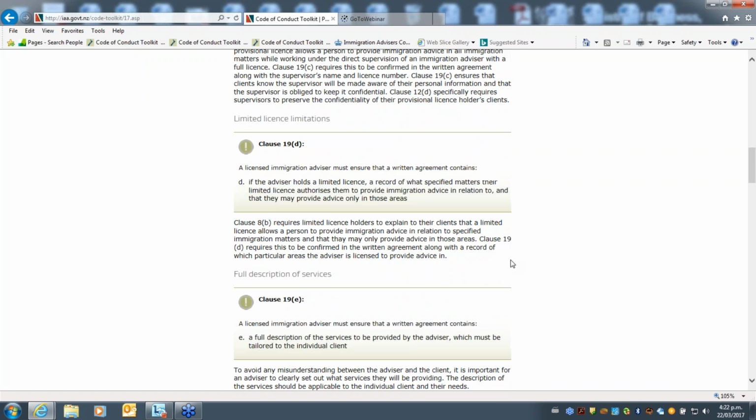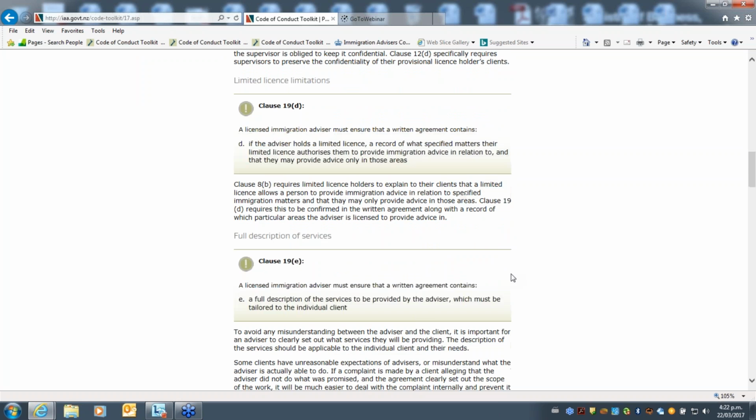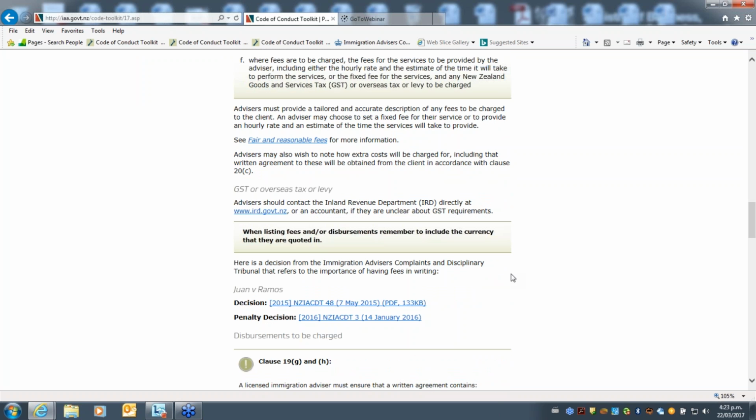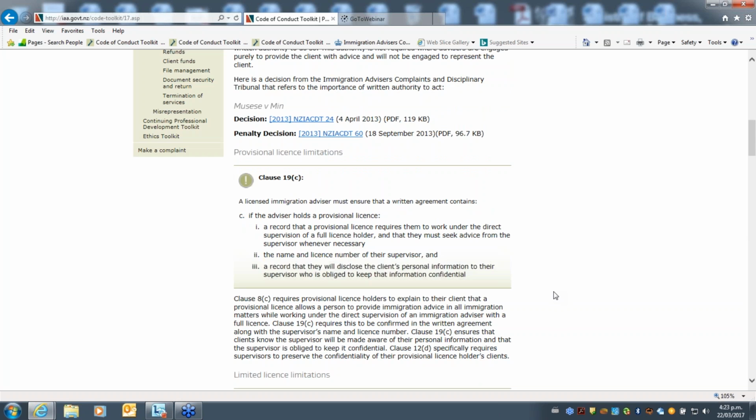But if only the employer is paying for the fees, then all of these things relating to fees, and a lot of what's in 19 does relate to fees, would only be in the agreement with the employer. But the authority to act, as I've mentioned, would be in the agreement with the client. And then you've got all of your clauses covered, all of your requirements under 19 covered off.